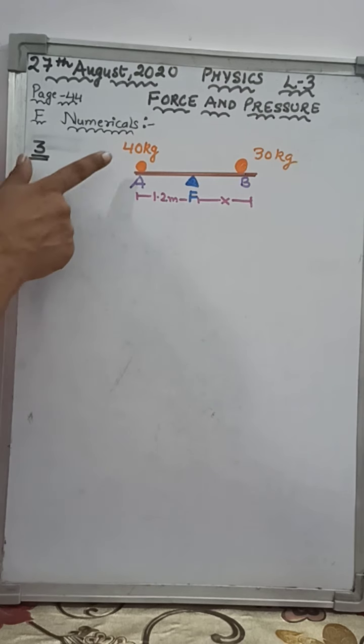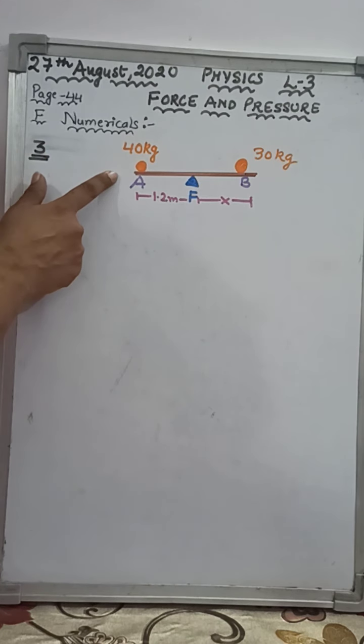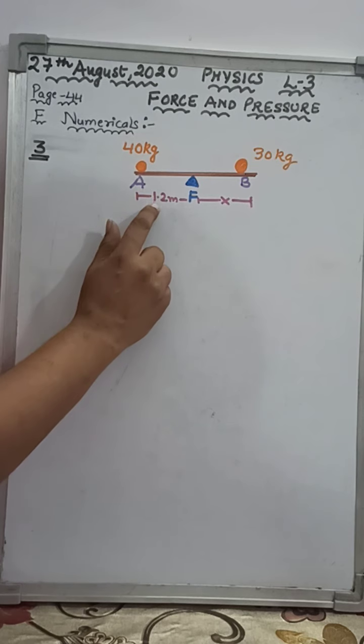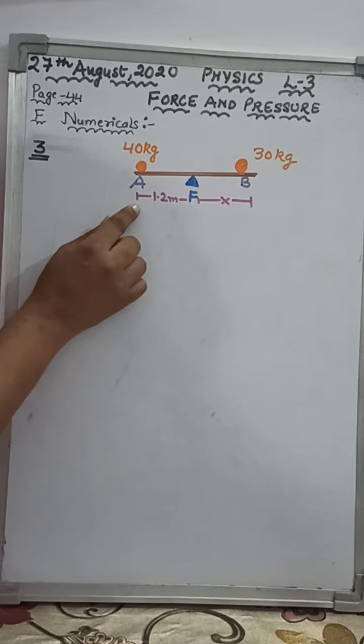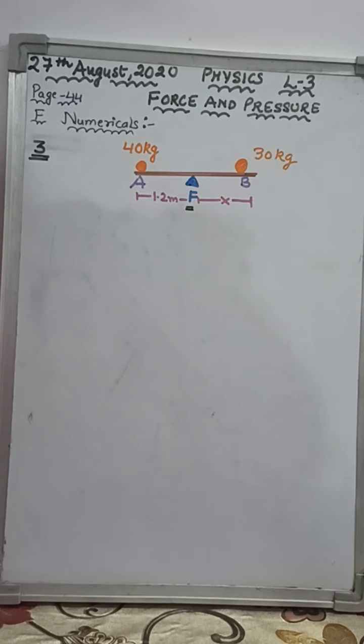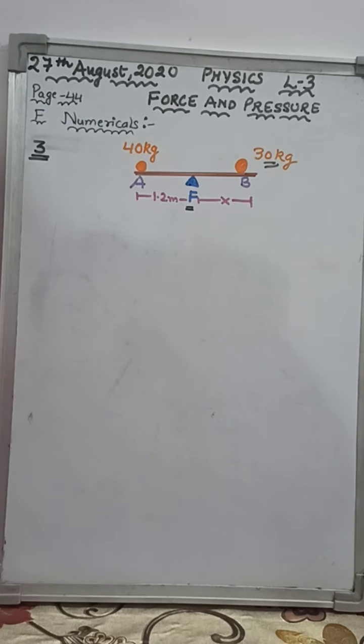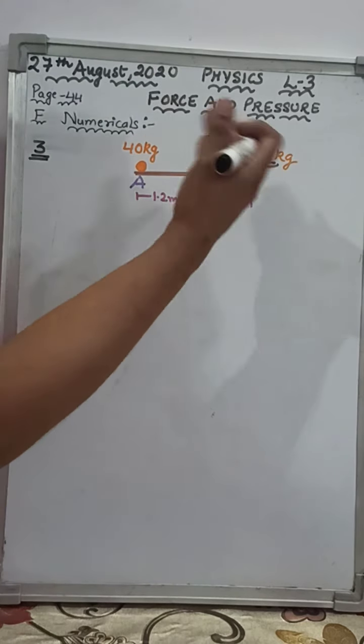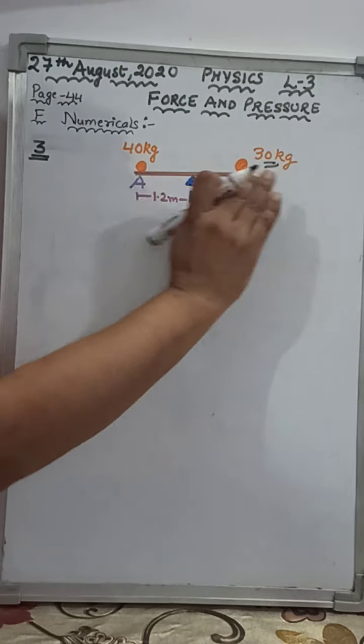Now numerical number 3. It says that a boy of 40 kg sits 1.2 meter from the fulcrum. This point F is your fulcrum. Clear? Of a seesaw. Now where should this 30 kg boy sit on the other side in order to balance this?